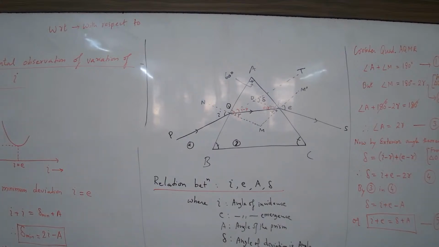Textbook में ये है तुम्हारे पास. Parallel होना चाहिए एकदम. This is parallel to the base. ये जो रे है ना, this ray should be parallel. This is base, parallel. Volume में देखो, ये textbook में तुम्हारा है.